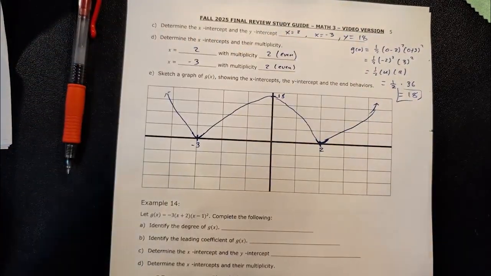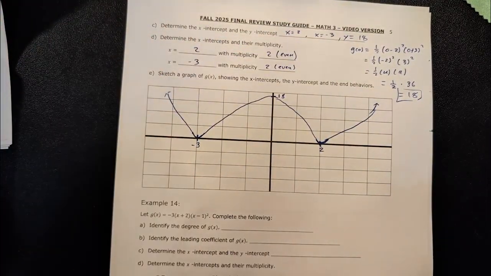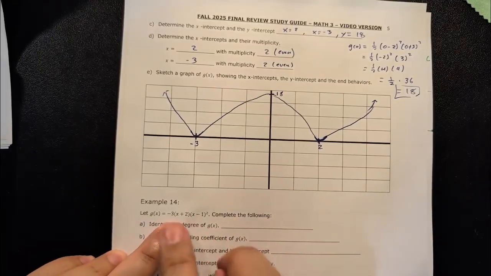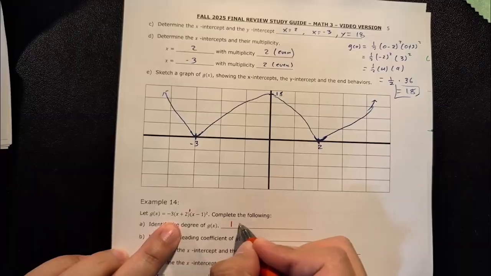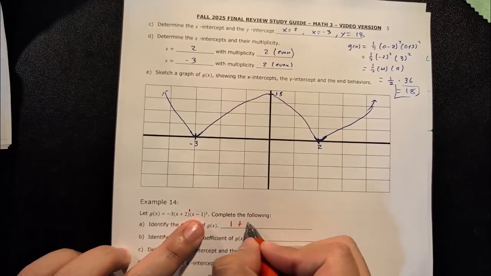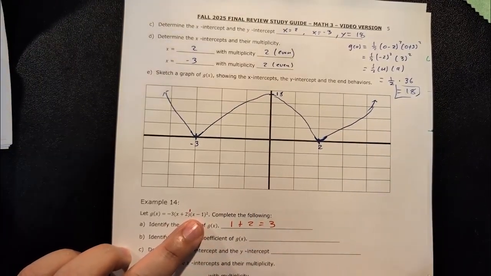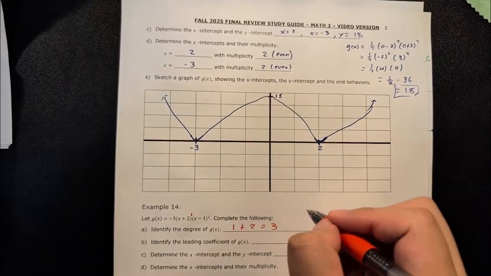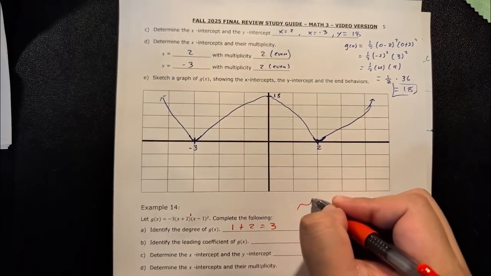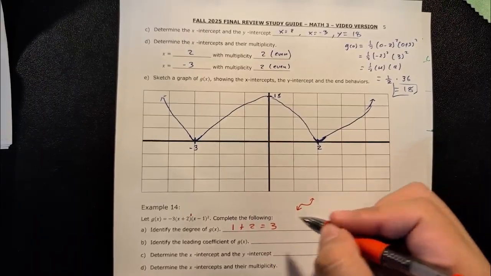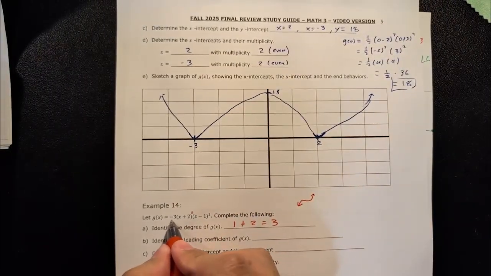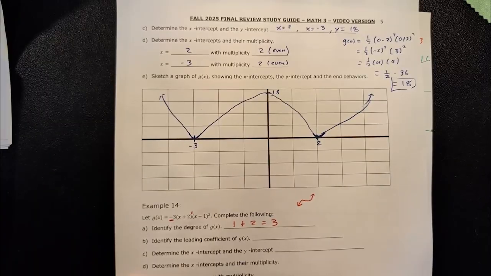So let's try another problem. So identify the degree. So we're going to add up the multiplicities. We have a 1 up here, 1 plus a multiplicity of 2. So we have degree 3. Okay, so if it's degree 3, it's going to look something like this. But it could flip over the x-axis if we have a negative, just like what we have here.